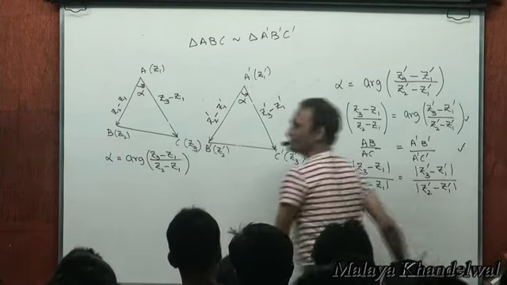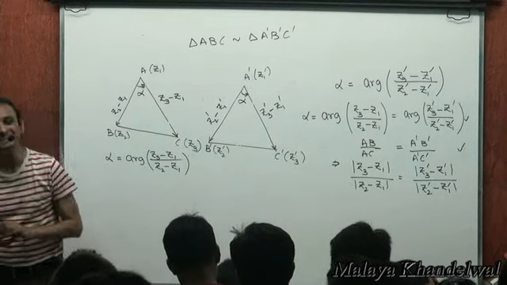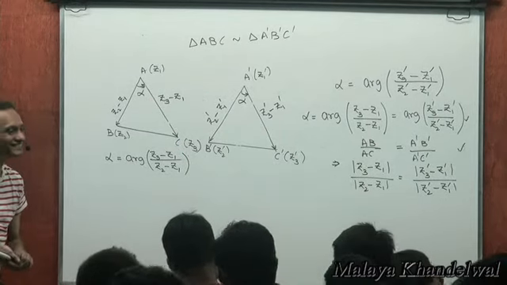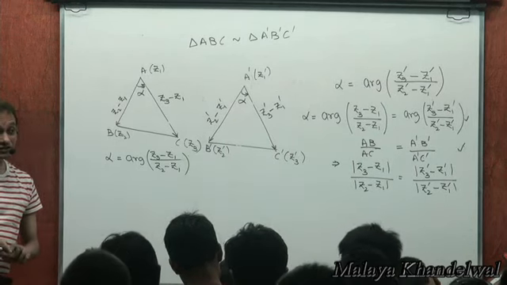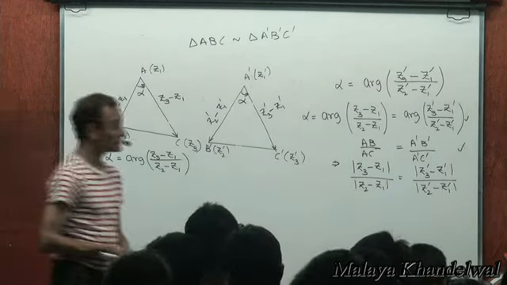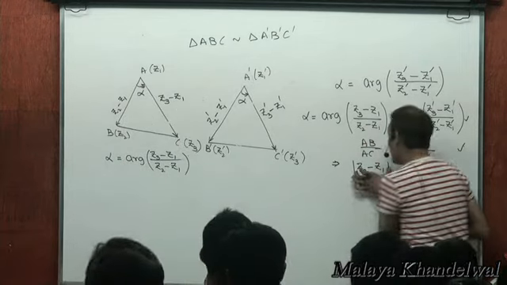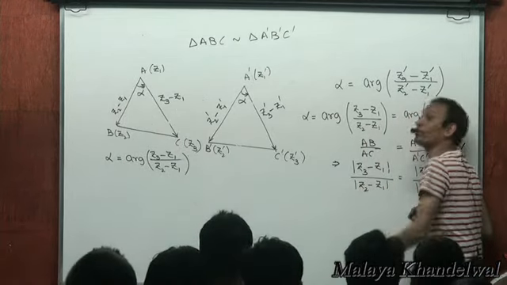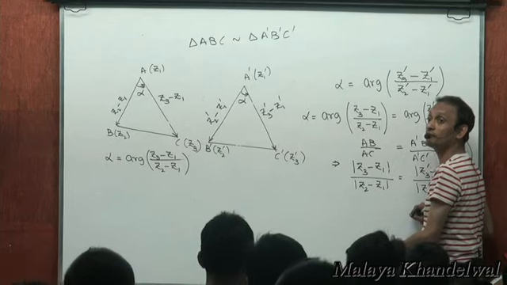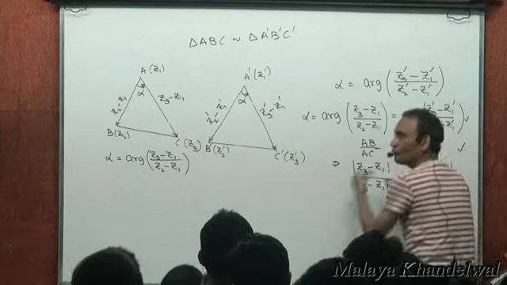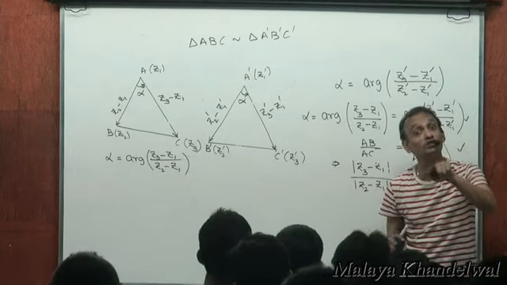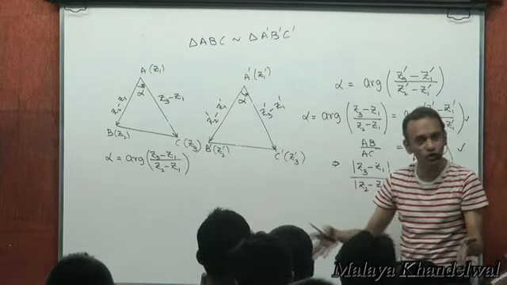Yes or no? Yes. Right? So far so good? Mod of one by mod of another is mod of one by the other. Mod Z1 by mod Z2 is mod of Z1 by Z2. Right?